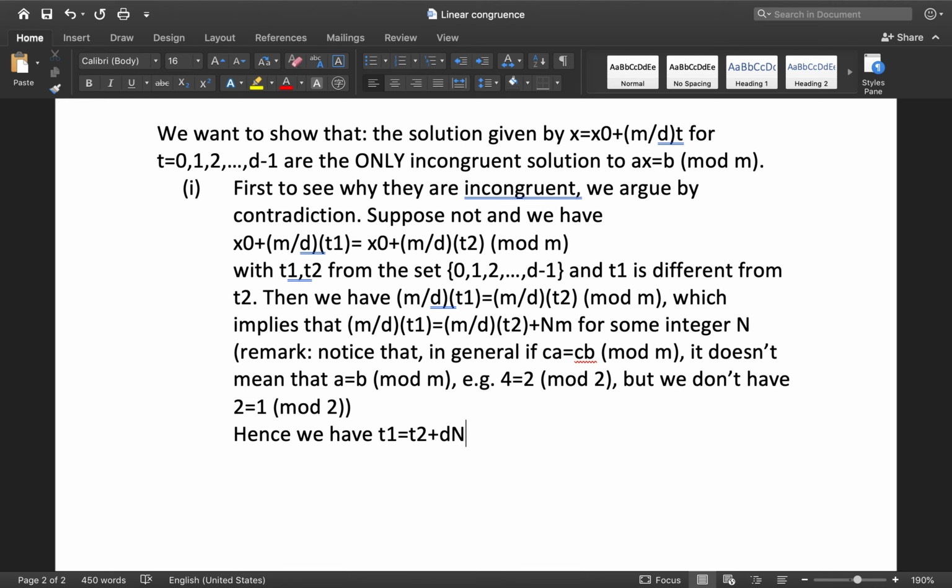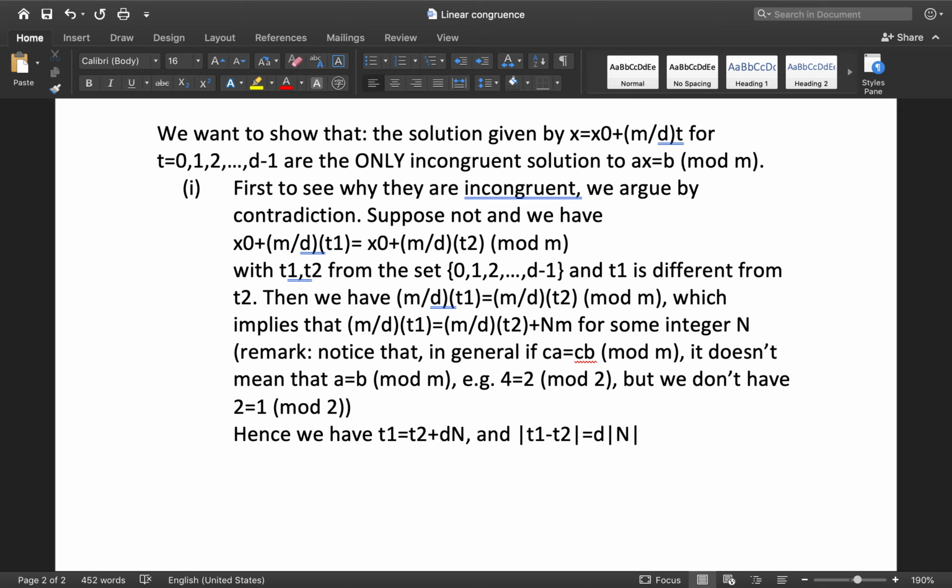Okay, that is important. Why so important? Because we have this. If you put the other numbers to the other side, for example, you move T2 to the left, then you get the absolute value of T1 minus T2 equal to d times the absolute value of n.